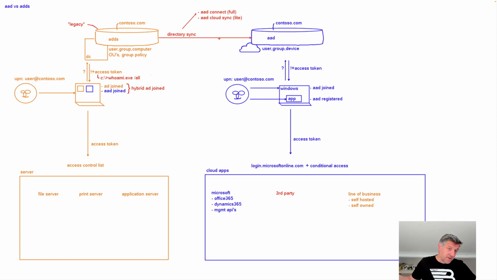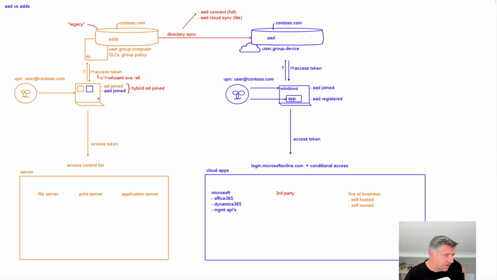solution. But both solutions allow you to synchronize user objects, group objects, and computer objects from your Active Directory domain service into Azure Active Directory. And with that, we can make sure that the usernames and passwords are the same at both ends.